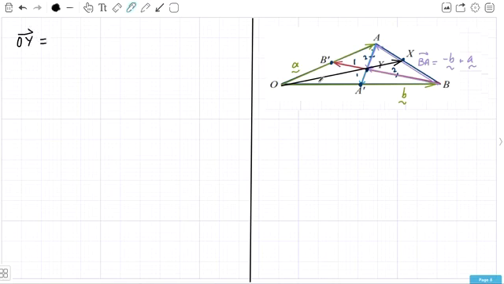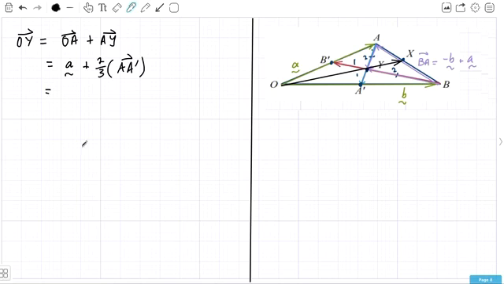Now you could express O to Y by going along O to A and then going down along this part here, A to Y. Now we know already that O to A is this vector A, we've called it that. And we also know that A to Y, remember we found that that was 2/3 of the vector A to A dash.